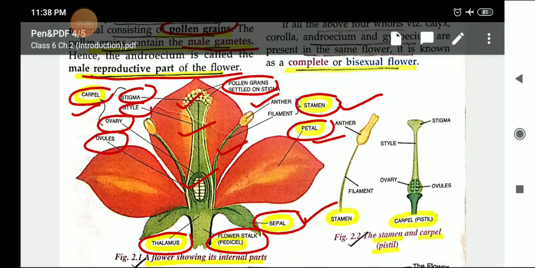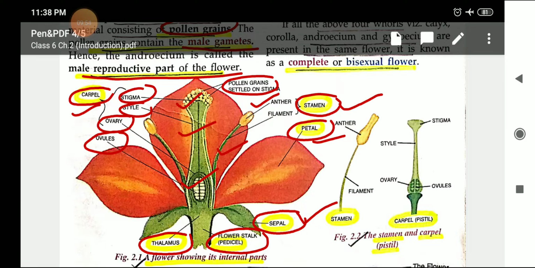Just look here in the diagram once again. The stalk of the flower is known as pedicel. The swollen tip of the flower is known as thalamus. Then the green leaf-like structures, the outermost whorl, is sepal, singular sepal, plural calyx.